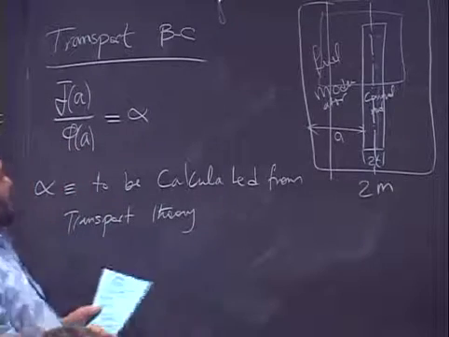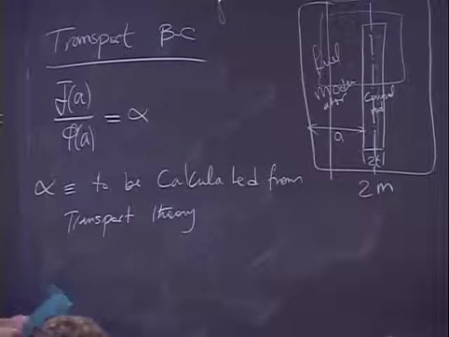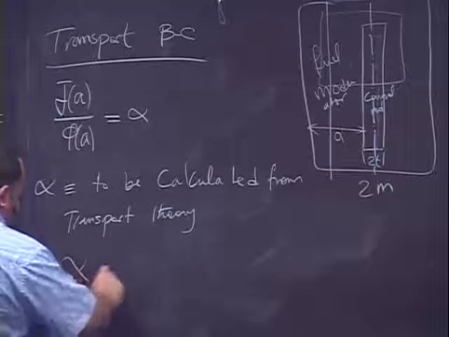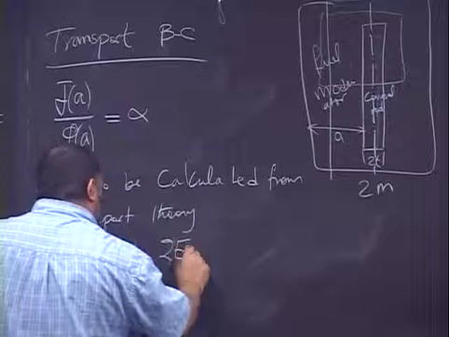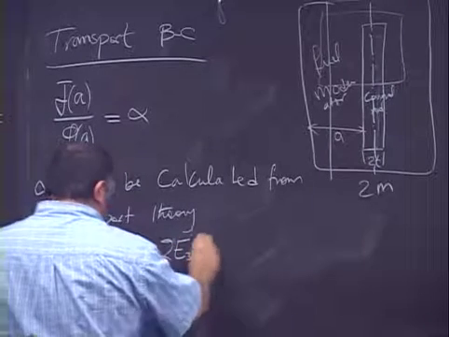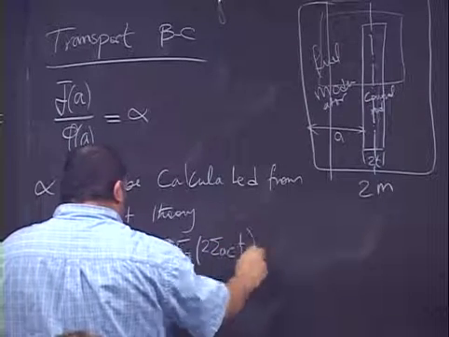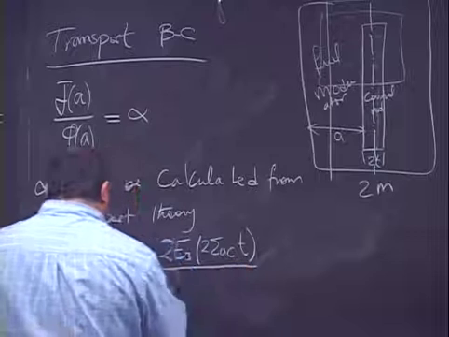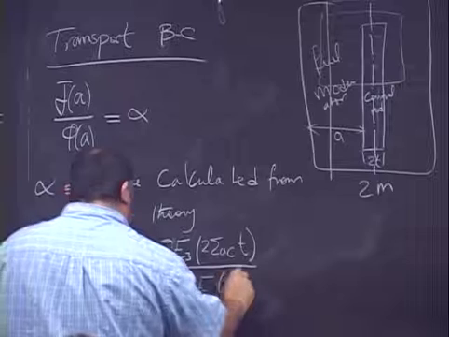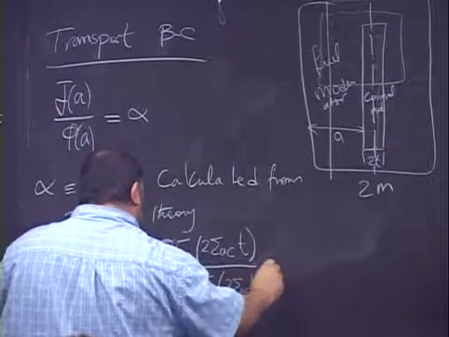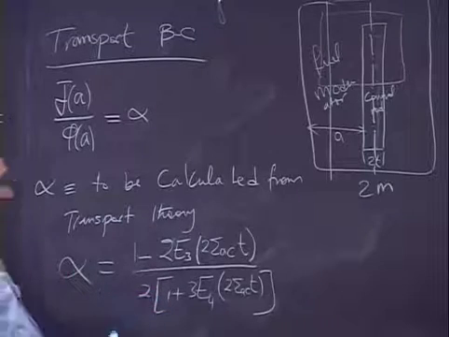Without giving the details, it's not mentioned in the book, but the book says that the transport calculation yields alpha equal to 1 over 2, E3 of 2 sigma absorption inside the control rod multiplied by the thickness of the control rod divided by 2, divided by 1 plus 3 E4 of 2 sigma absorption C of T. So what are E1, E2, E3 and so on?